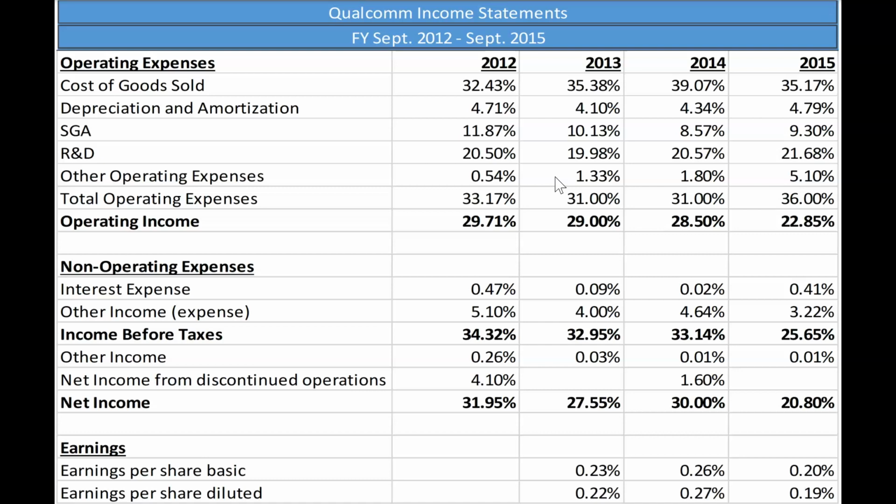You want to look for things like, what is the average percentage of total revenue that is the research and development line item over time, and then look for any type of significant changes in those numbers.